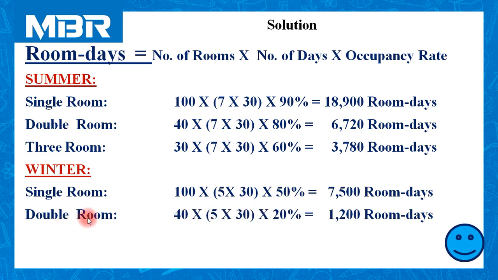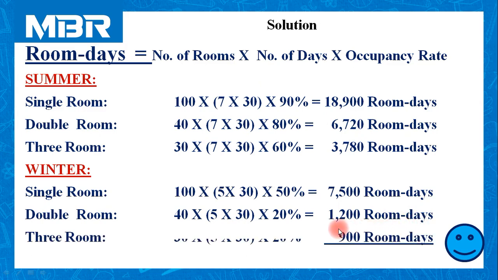For a double room in winter, we have an occupancy rate of only 20%. Rooms are 40 and the period is 5 months. So in this way, we can calculate 1,200 room days for double room during winter.